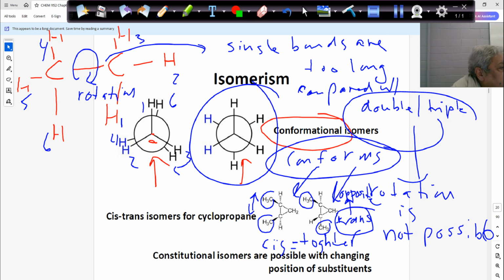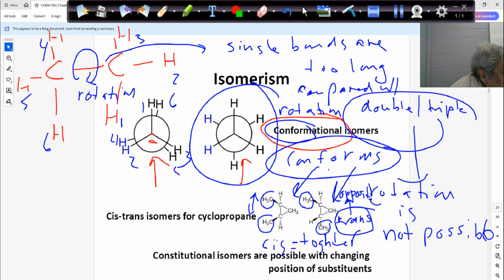Conformers are compounds that have the ability for rotation of the carbon single bond. The rotation is allowed, is possible, and therefore the word conform means rotation. Conform means what? Means rotation. Rotational isomers.